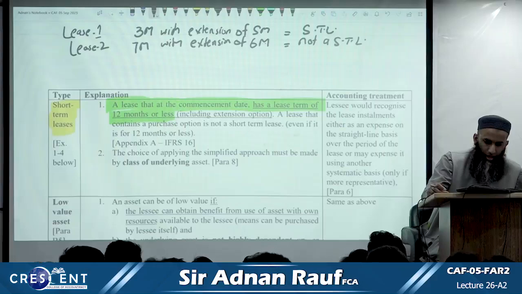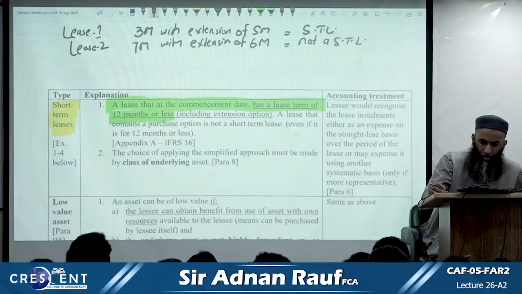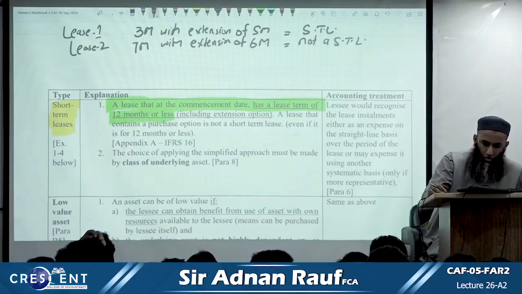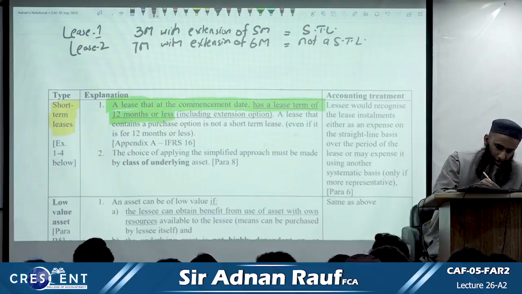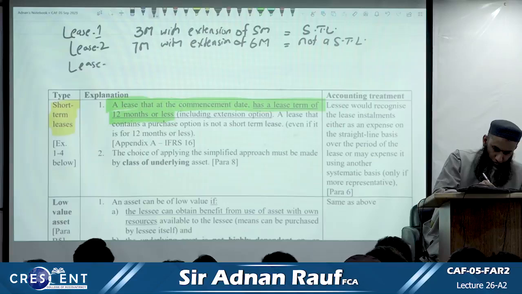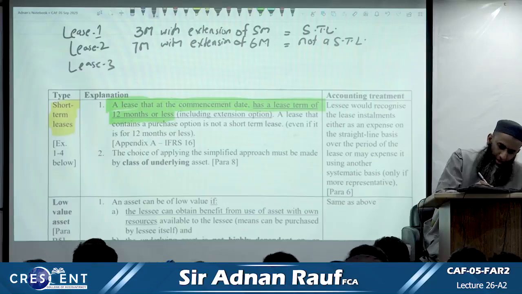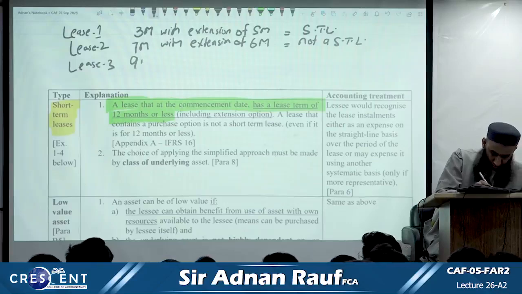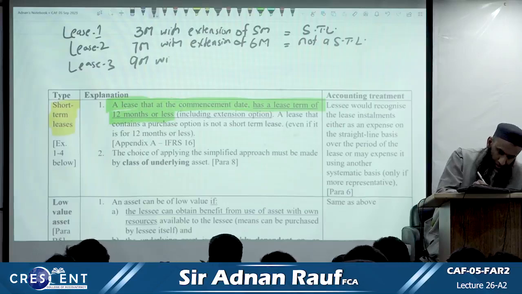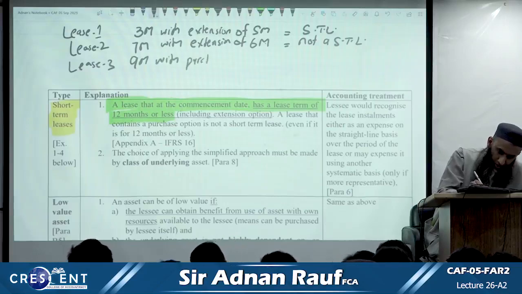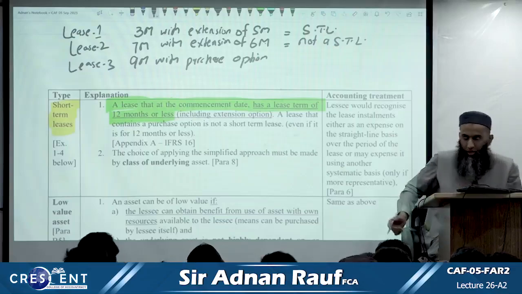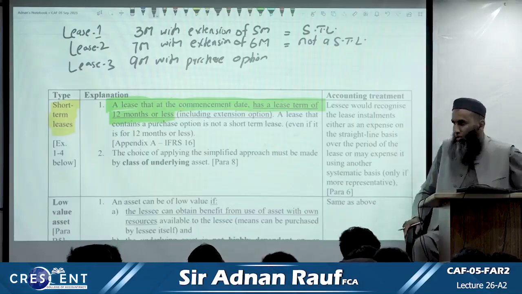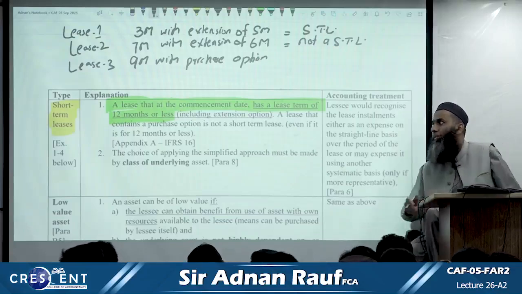Okay, a lease that contains a purchase option is not a short-term lease. Even if it is for 12 months or less, say for 9 months, with a purchase option, it is not short-term. Purchase is like an extension, right? Pay the rent for 6 months, then make the purchase, tell me.